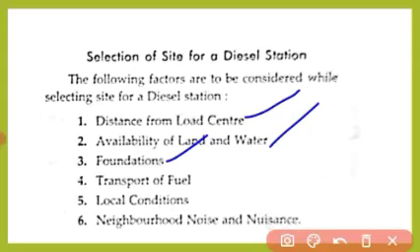For the foundation, the bearing capacity of the ground should be good so that it can withstand heavy equipment. For transport of fuel, road or rail facility is required where the diesel power plant is located. Also consider local conditions, the neighborhood and noisiness. These are the points to remember when selecting a site for a diesel power plant.